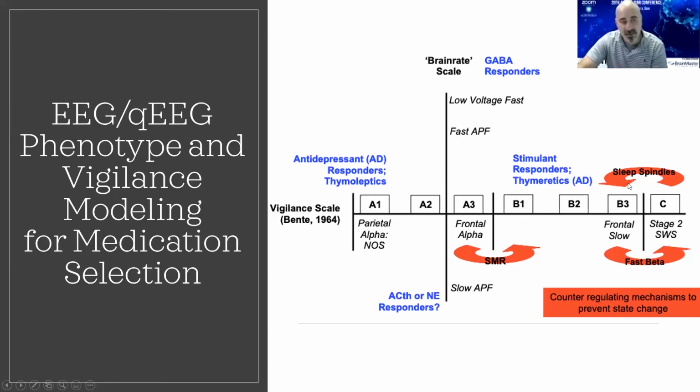And if somebody is down here in this B3 state and there's a lot of beta spindling at the vertex, this is a wakefulness drive. These folks generally will respond well to a medication like Belsomra. Again, I'm not credentialed to give medication prescriptions. I'm a QEEG person and consult on this work, but I look at the EEG and then present the research.